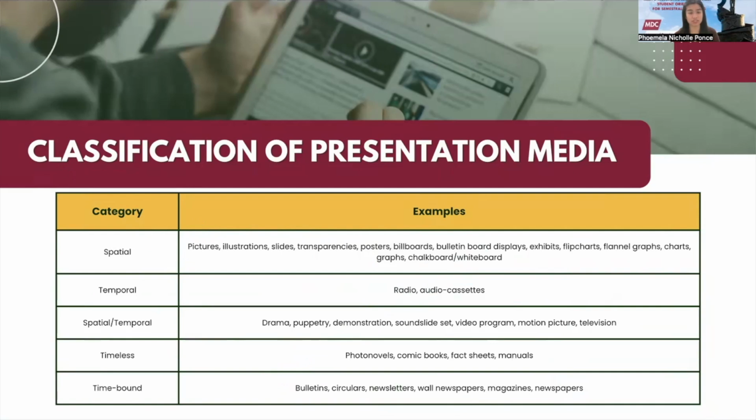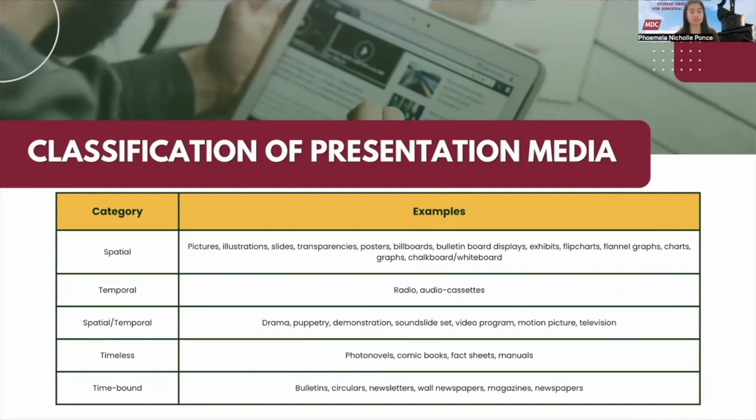For spatial, the use of the eyes is needed. So these are pictures, illustrations, slides, posters, billboards, exhibits, flip charts, graphs, chalkboards, and the likes. Your eyes have to work in order for the audience to really know what the context or the concept or the whole material is all about.